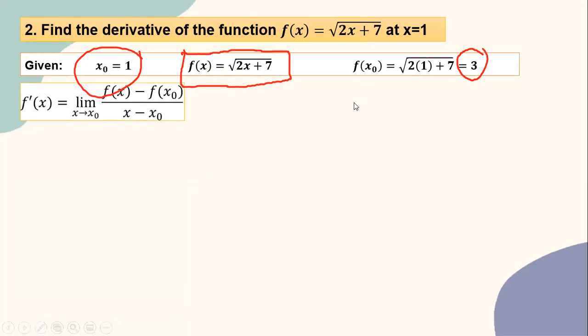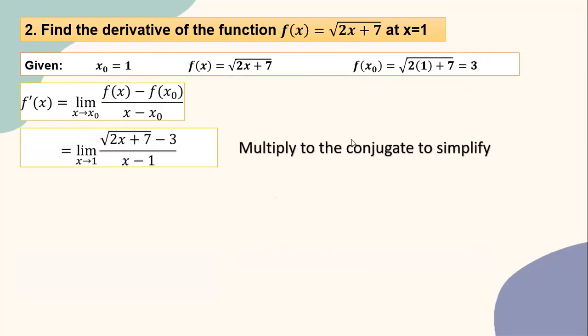Okay. Again, the formula for the derivative of the function at a given point is f prime of x is equal to, okay, so f prime po ang tawag dyan, f tapos apostrophe then x, the limit of f of x minus f of x sub 0 over x minus x sub 0 as x approaches x sub 0.